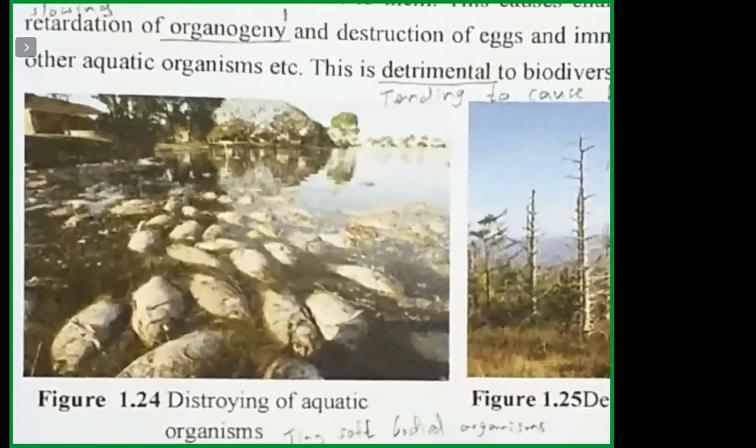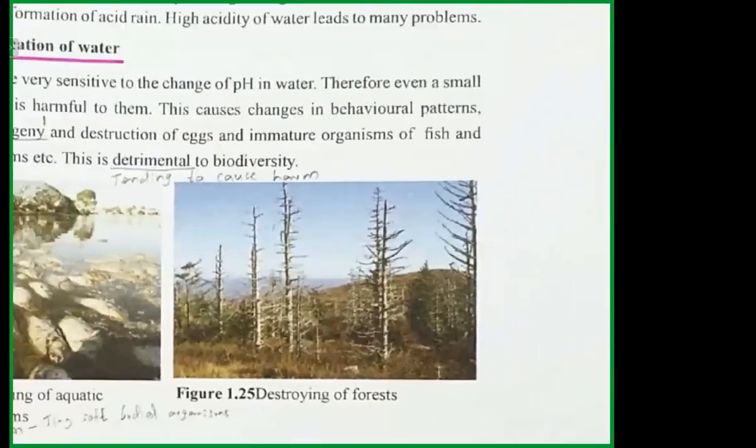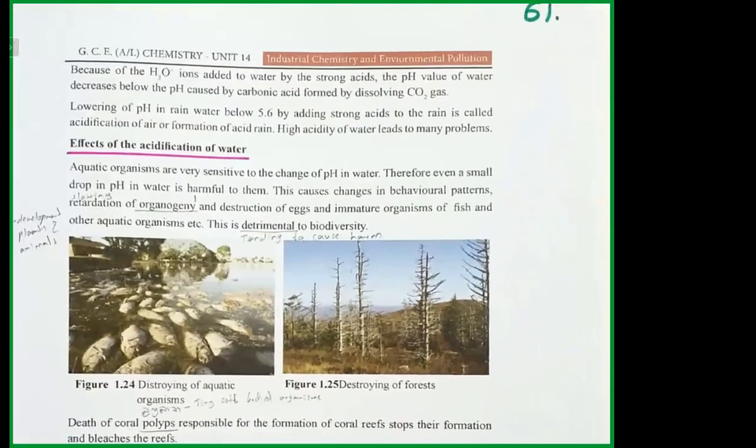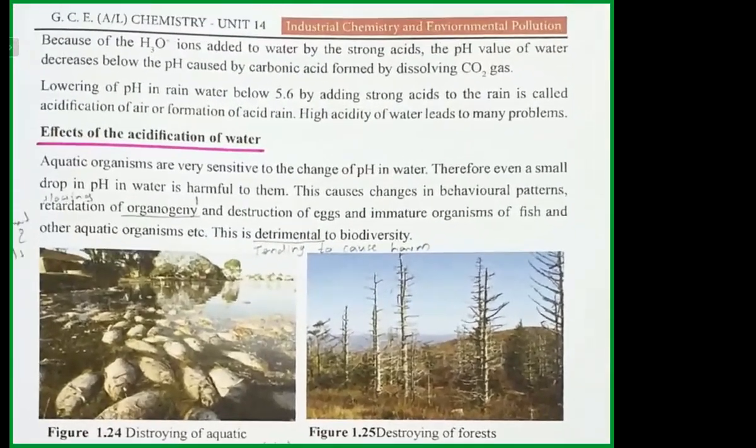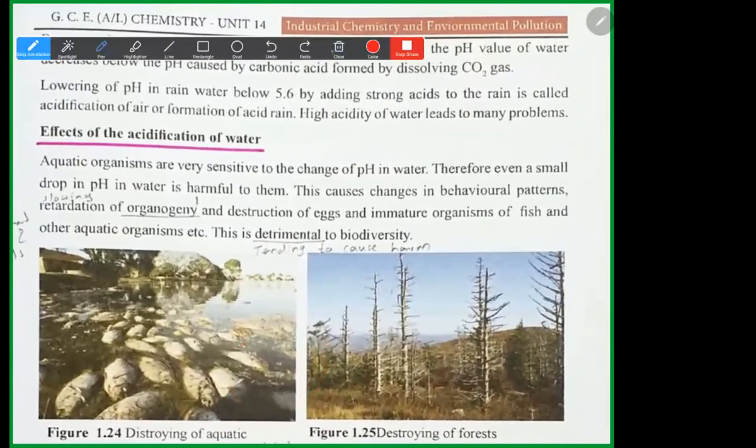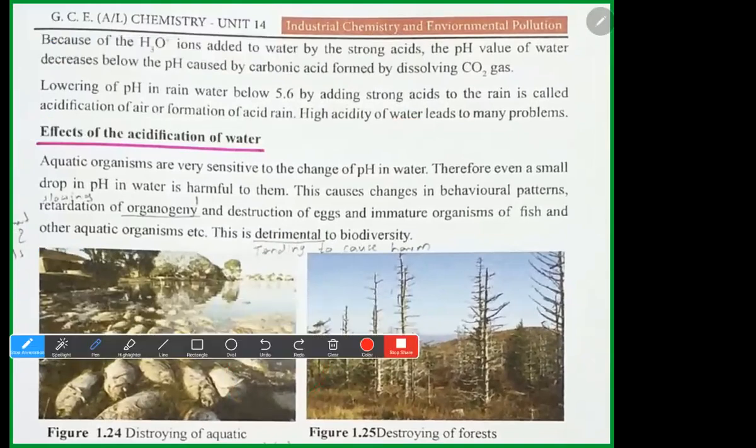Dead fish and dead plants. Because of the H3O+ ions added to water by the strong acids, the pH value of the water decreases below the pH caused by carbon dioxide dissolving to form carbonic acid, okay?